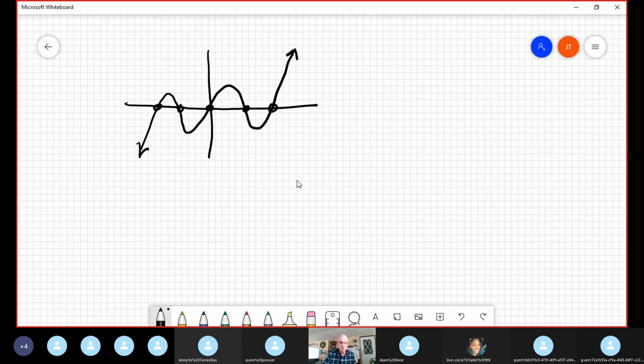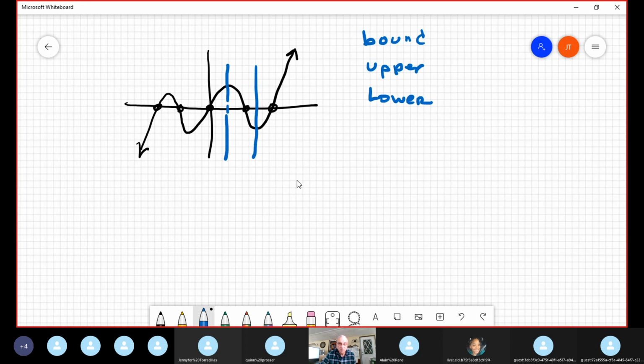There's one procedure to determine the bound. So we have two bounds. We have an upper bound and a lower bound. What does that mean? When you try one by one, for example, suppose 1, suppose 2, suppose 3.